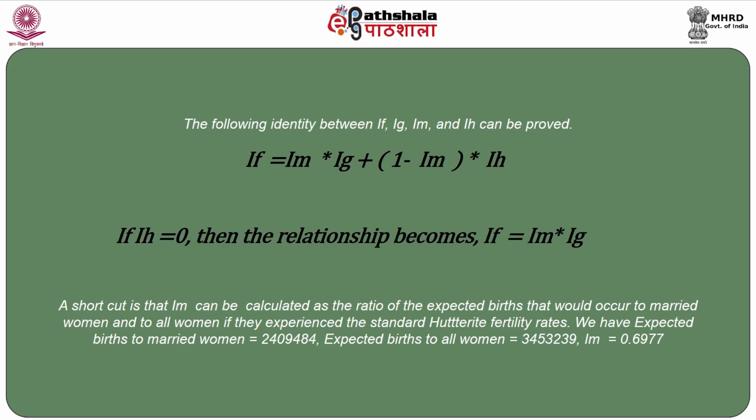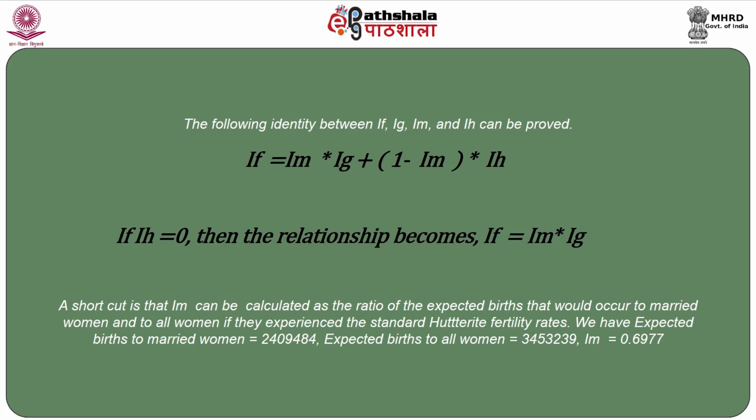One can also have a shortcut wherein Im can be calculated as the ratio of expected births that would occur to married women and to all women if they experienced the standard fertility rates as considered by Coale. Thus, we can have the expected births to married women.